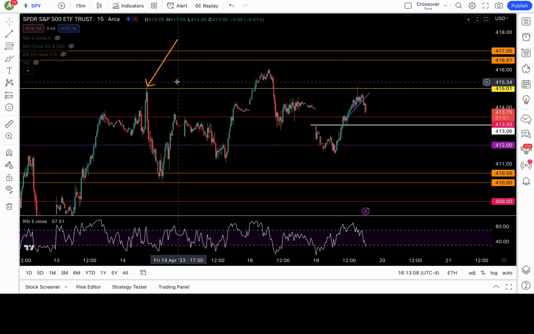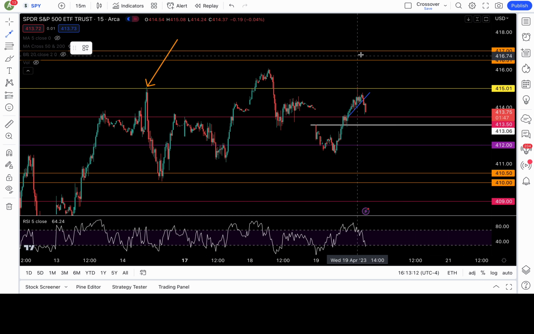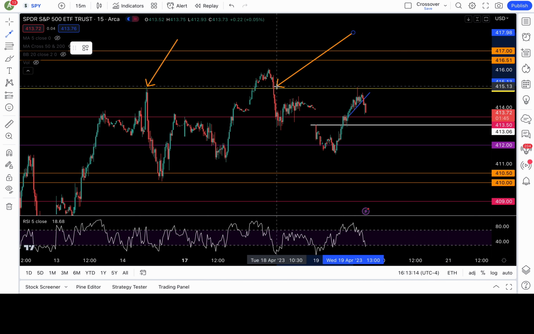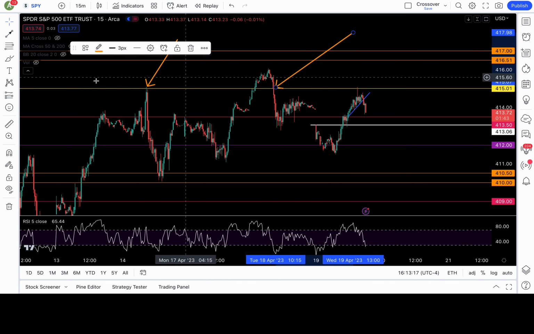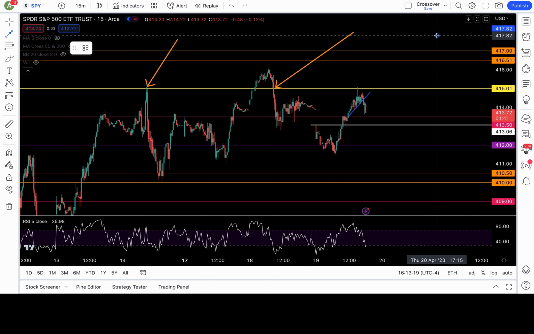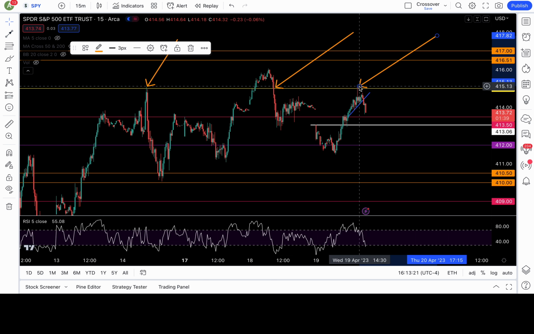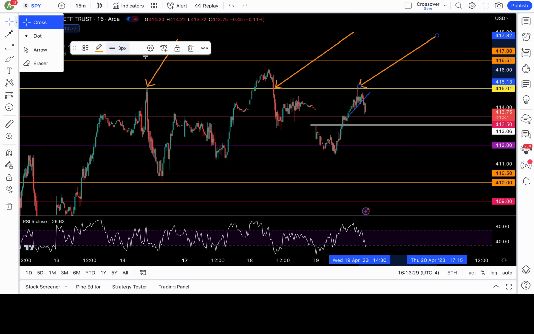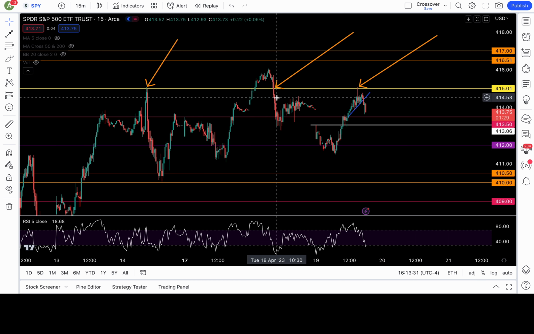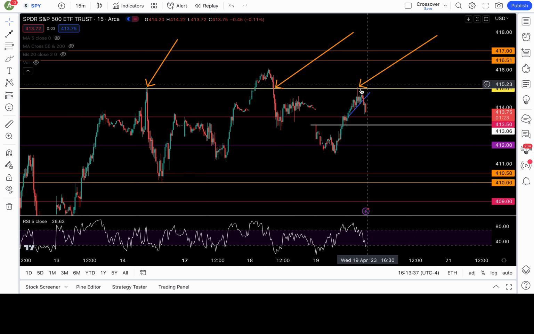You see that there was selling pressure back on Friday, selling pressure on Tuesday at 415, and look what happened today: selling pressure at 415. Very strong critical key level, in my opinion, based on this context. 415 is definitely a key level to be watching, and bears stepped up once again at that level.